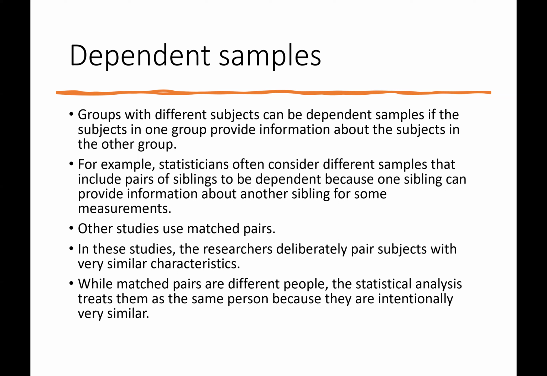Other studies use matched pairs. In these studies, the researchers deliberately pair subjects with very similar characteristics. While matched pairs are different people, the statistical analysis treats them as the same person because they are intentionally very similar.